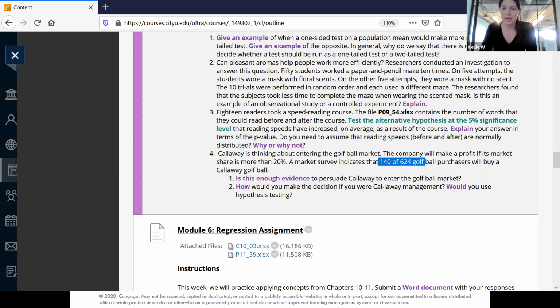We use hypothesis testing as analysts, at least in all of my experience, when we're doing research, or we are looking at data and trying to assess whether or not our data supports some kind of evidence.